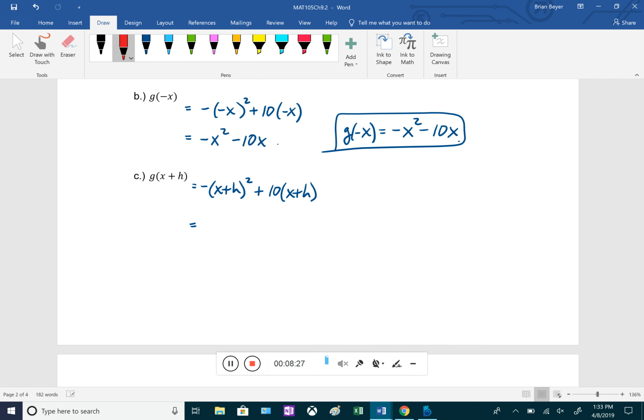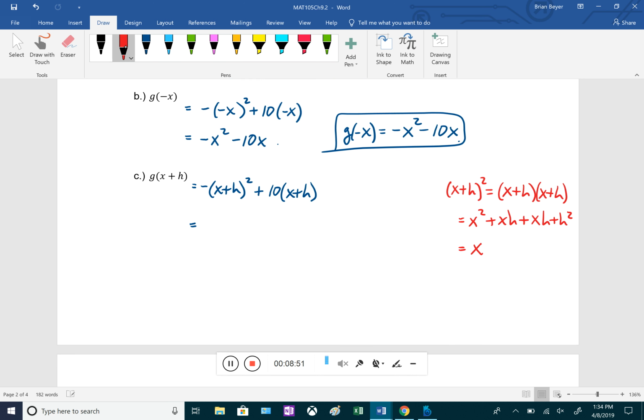So when we are figuring out how to expand this x plus h squared, you might be able to do this in your head, or you might have to write it on the side. When you're expanding this out, you're foiling it: x squared plus xh plus xh plus h squared.